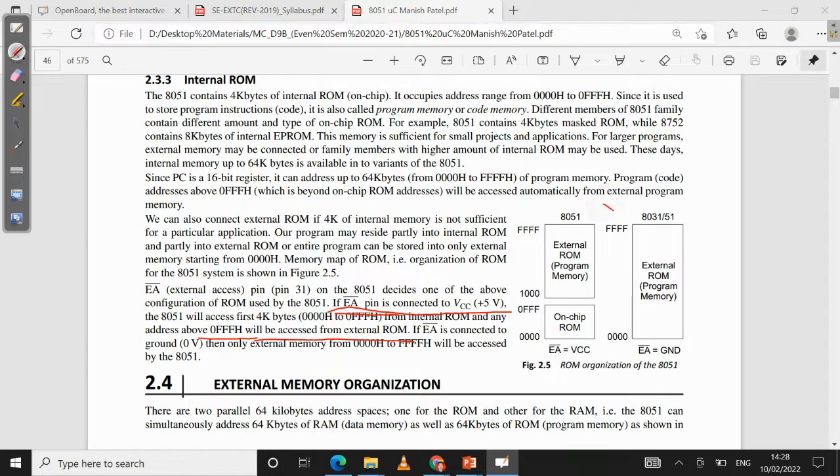This is the scenario. If EA bar is connected to ground, then only external ROM memory from 0000 to FFFFH will be accessed by the 8051. So both scenarios have been explained.